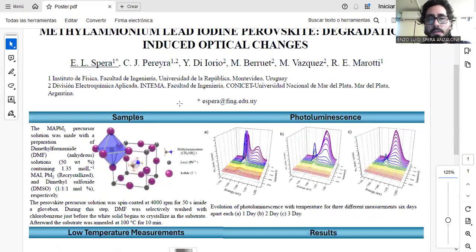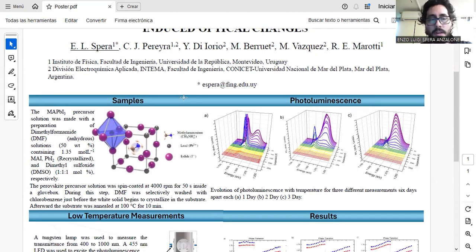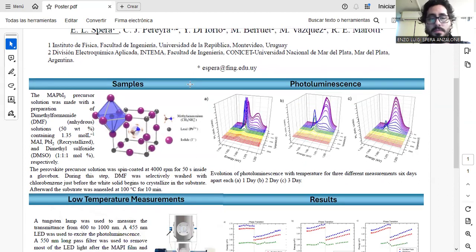The samples were prepared by a two-step process. First, we spin coated the precursor solution, and then we added chlorobenzene as an antisolvent. Finally, we annealed it for 10 minutes on a hot plate at 100 Celsius degrees.